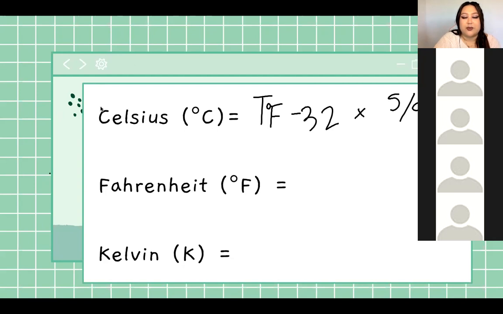I see everyone saying 1.8. I think that's the same thing as this part, right? Okay. So when we rearrange this to get T_F on this side, what would this side of the equation look like?